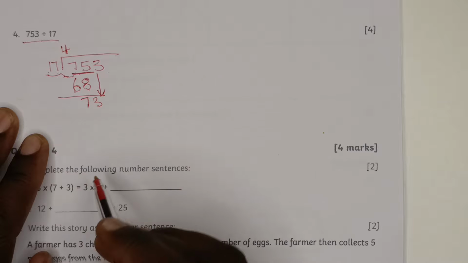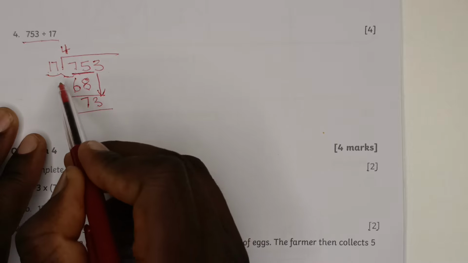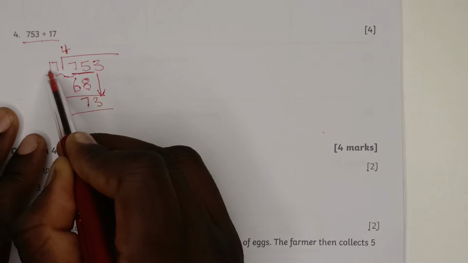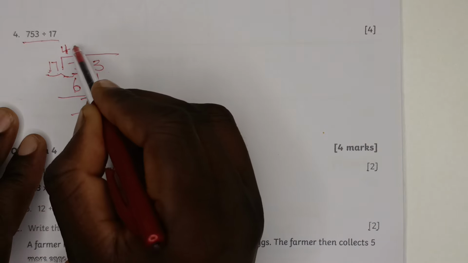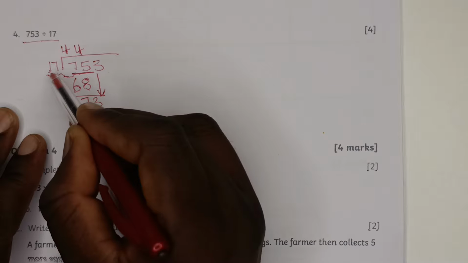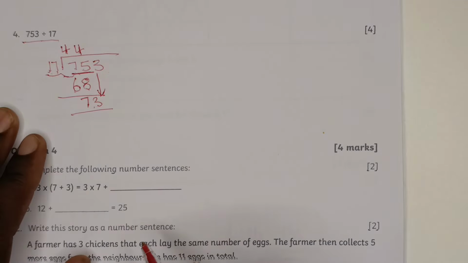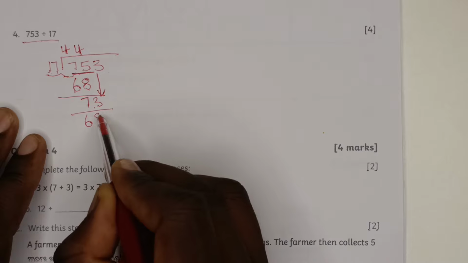We have 73. Now we say, how many times does 17 go into 73? It is 4 times. And 4 times 17 is 68.